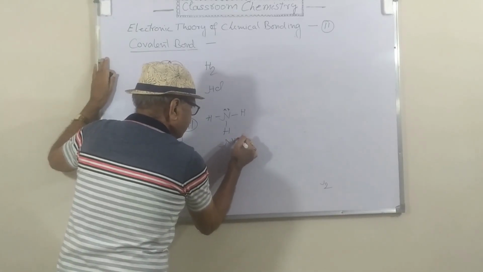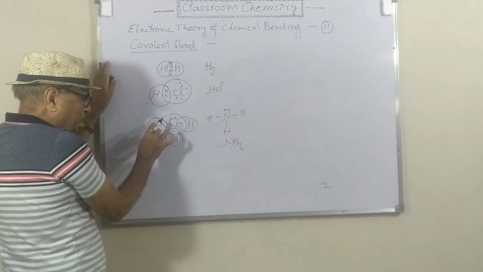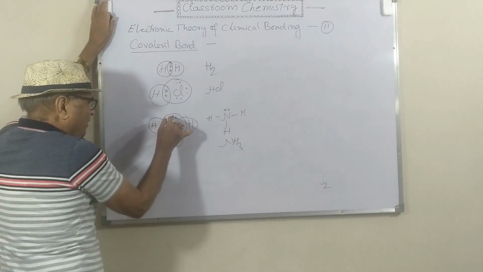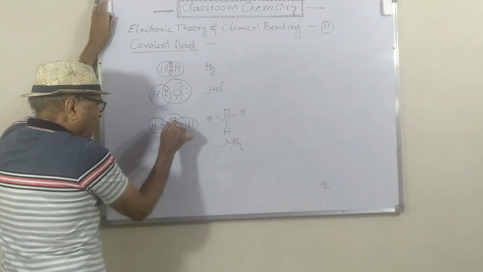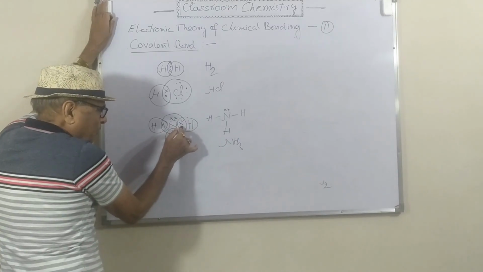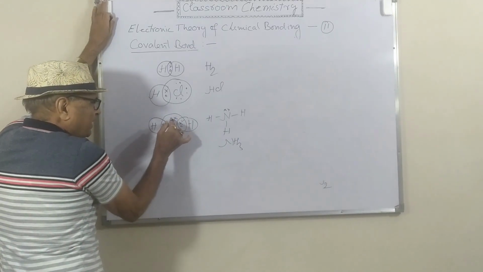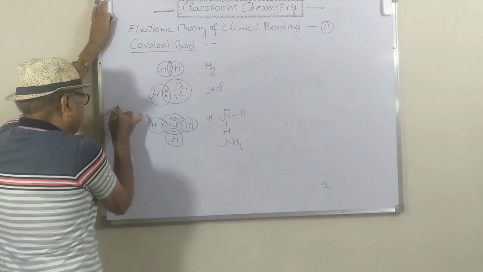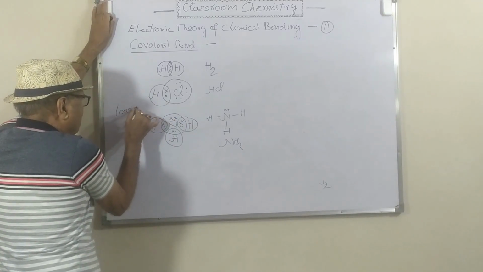Here, 2 types of paired electrons. This pair is called the bonded electron pair, and this pair is called the lone pair.